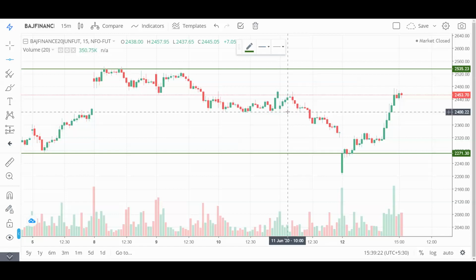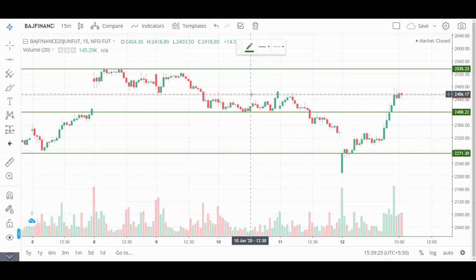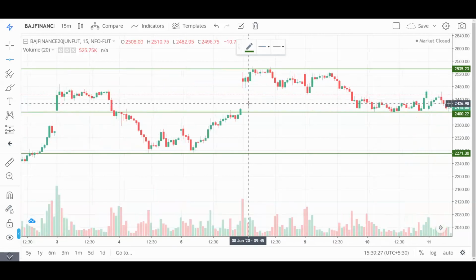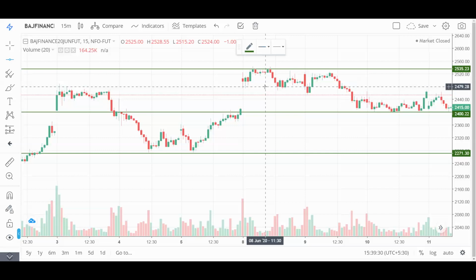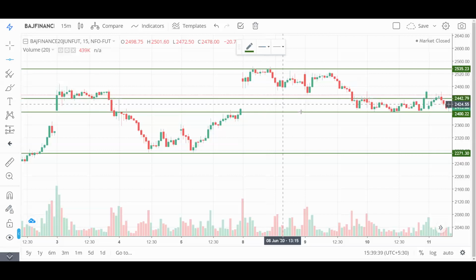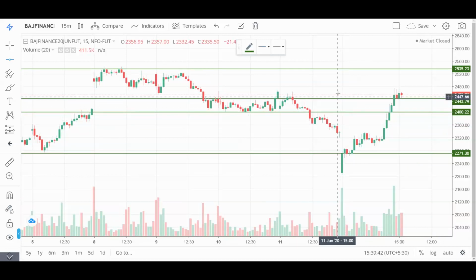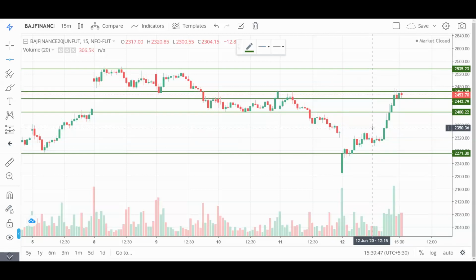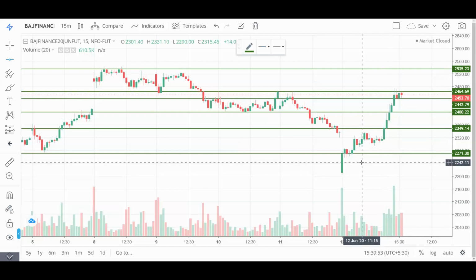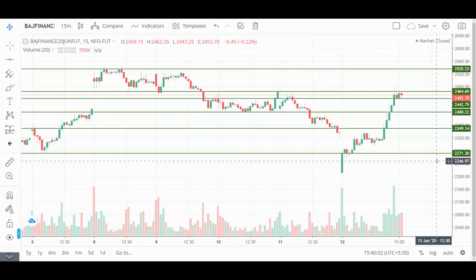One more support can be drawn here. This is the resistance, support. Here I have drawn a resistance level. This is the support. So these are the support and resistance levels.